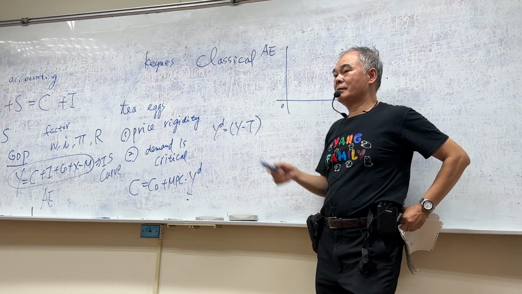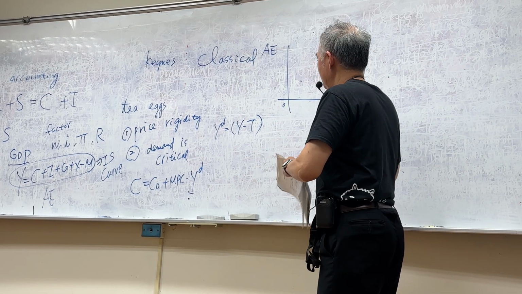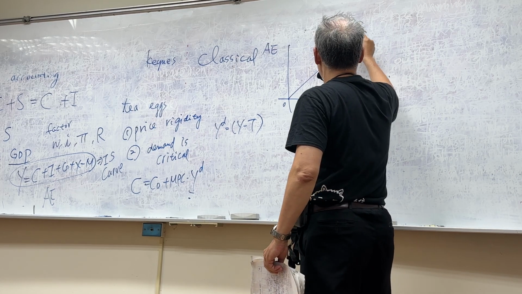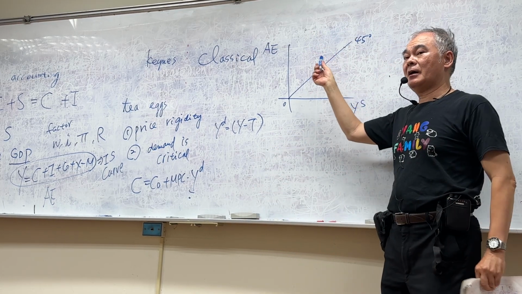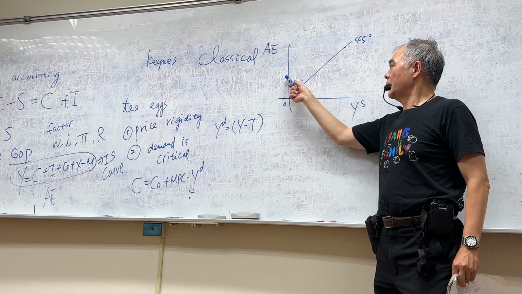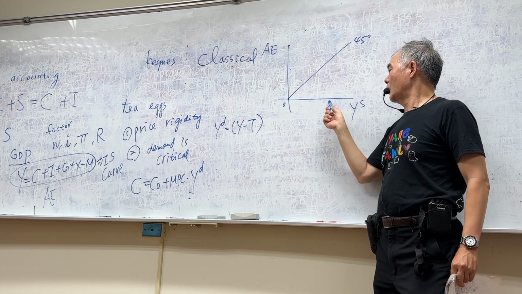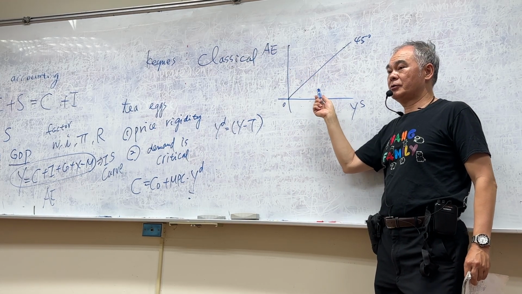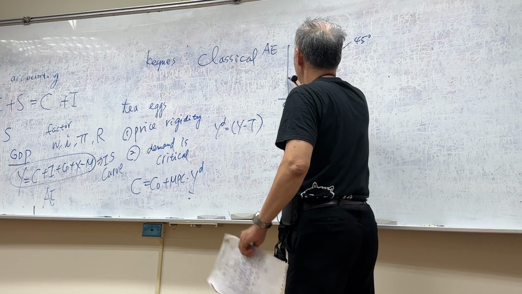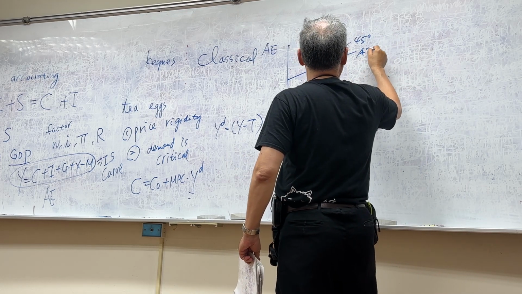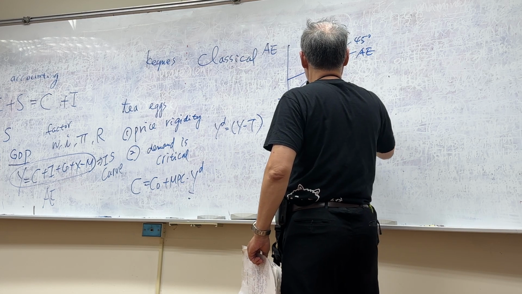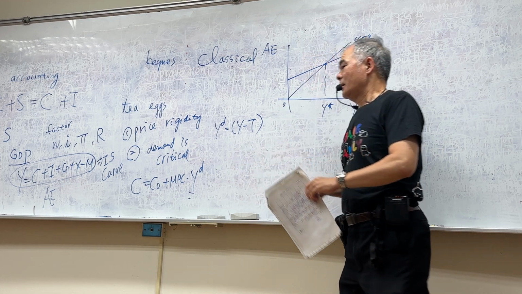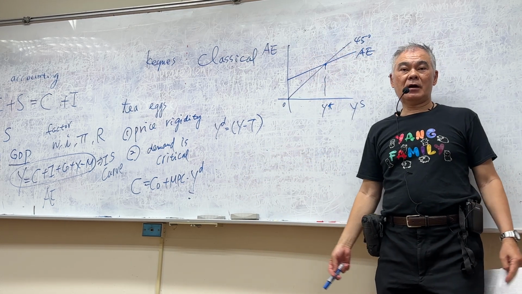But there is no price here. What we can do is use this 45-degree line, where the x-axis and y-axis will be equal to each other. And then you have aggregate expenditure looks like this. So you can find equilibrium here. Okay? Okay, so far so good.